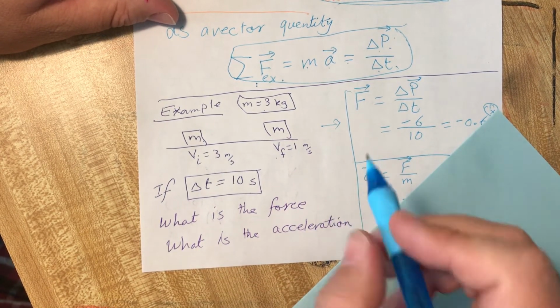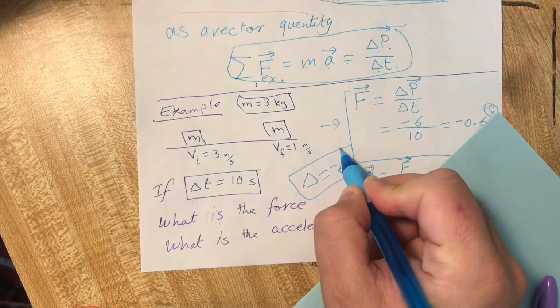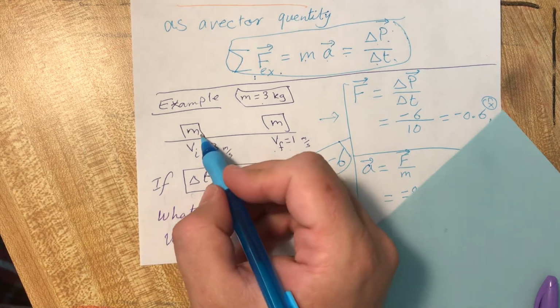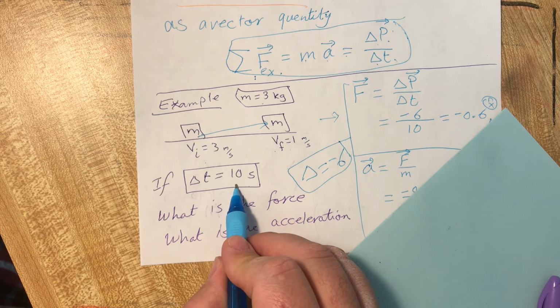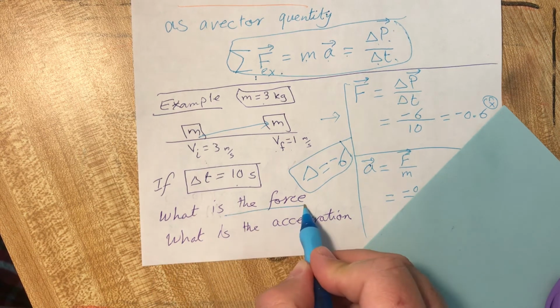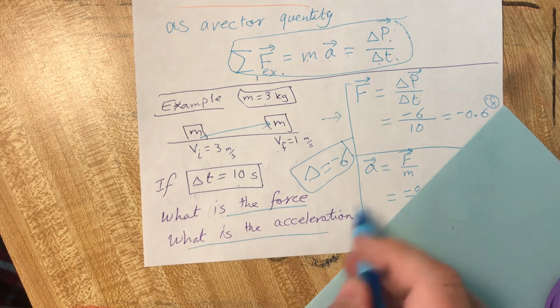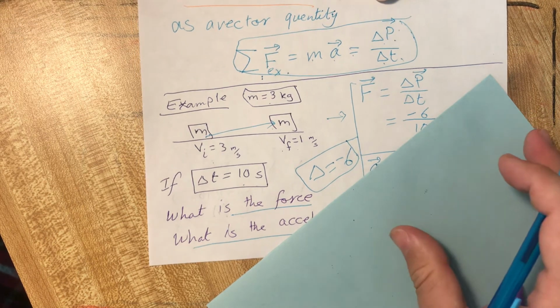We found that the change in momentum was minus 6, if you remember. Assume that this process takes 10 seconds. What is the force acting on this body? What is the acceleration? You will see that we have logical ideas.